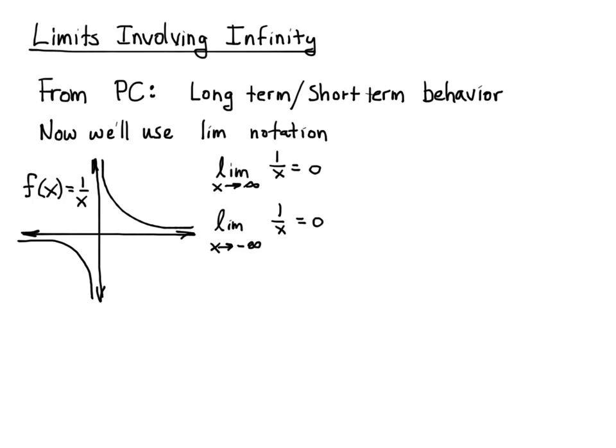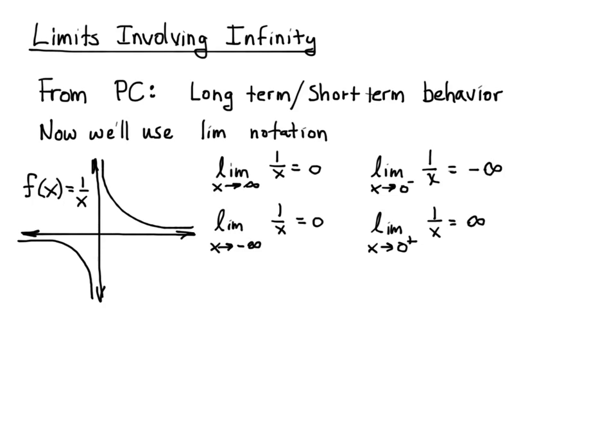And then if we look at the long-term behavior going the other direction, as x goes to negative infinity, 1 over x also goes to 0. You can see that from the left side of the graph. Now for short-term behavior, we can use the notation as x goes to 0 from the left side, from the negative side, 1 over x goes to negative infinity.